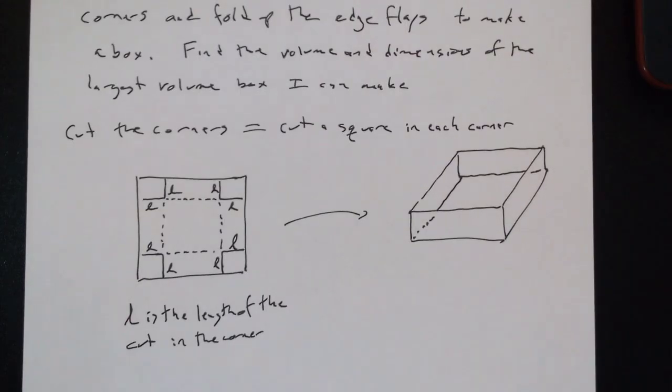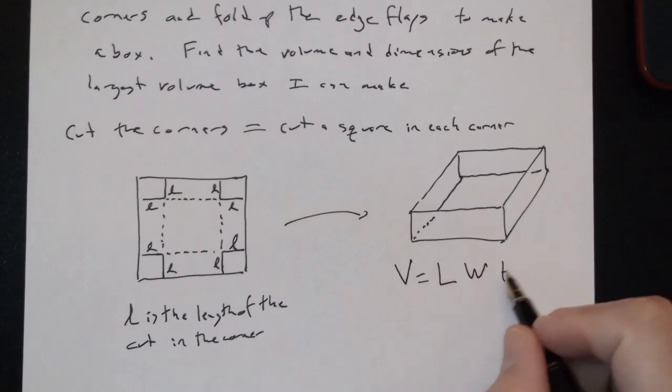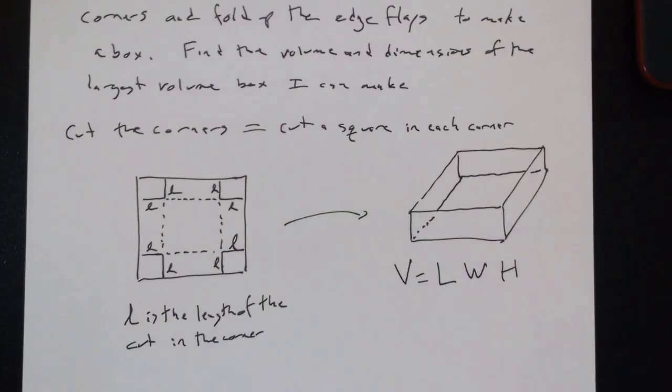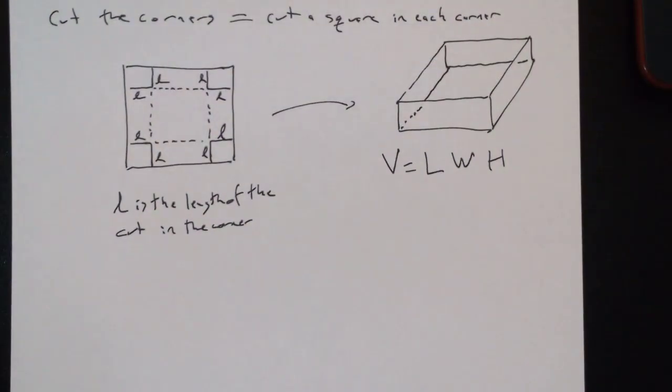I have a box. Formula for the volume of a box: length times width times height. Volume is length times width times height. Great, wonderful, fabulous. That doesn't have squat to do with little l, does it?